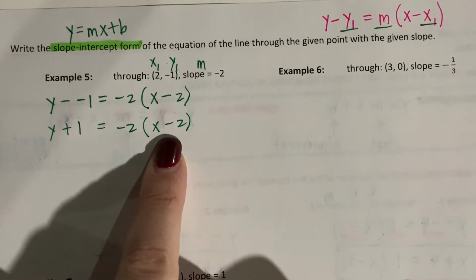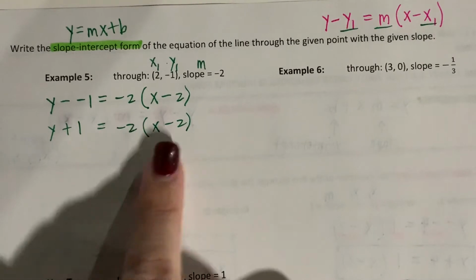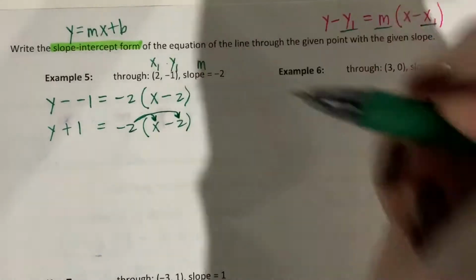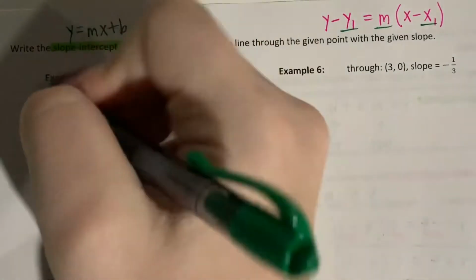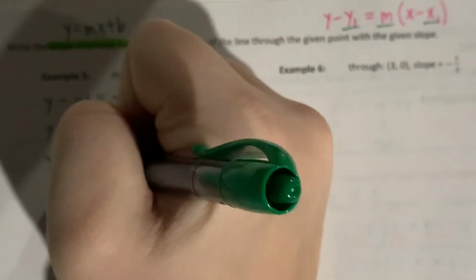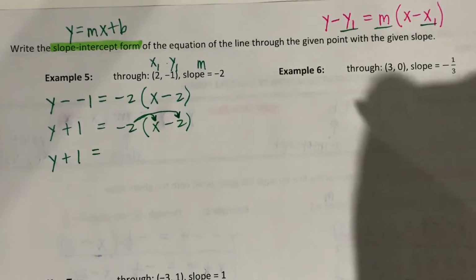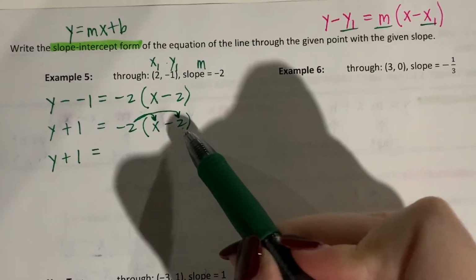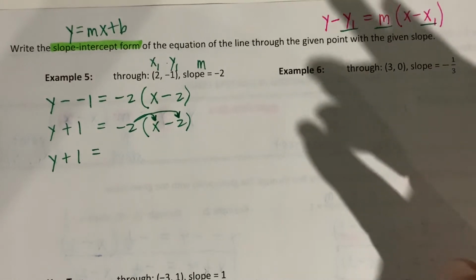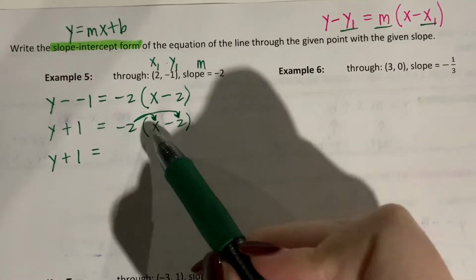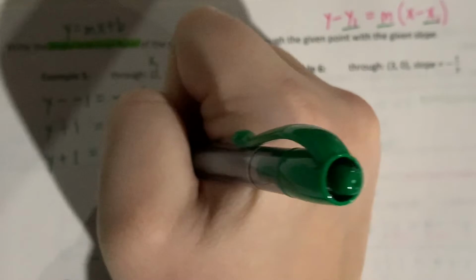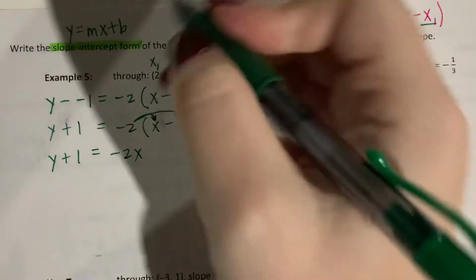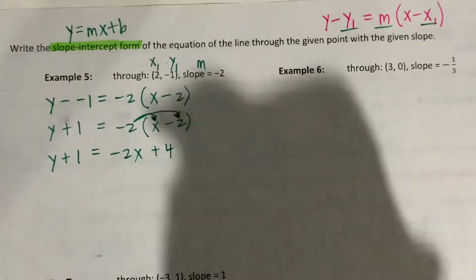And hopefully by now, you know that when you see a number times parentheses, we can do distributive property. So on the left side of my equal sign, I'll still have y plus 1. And here I can distribute the negative 2 to both terms inside parentheses. So I'll do negative 2 times x to get negative 2x. And I'll do negative 2 times negative 2 to get positive 4.